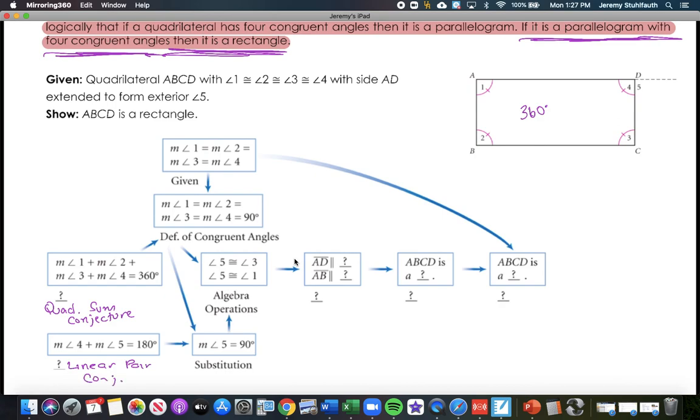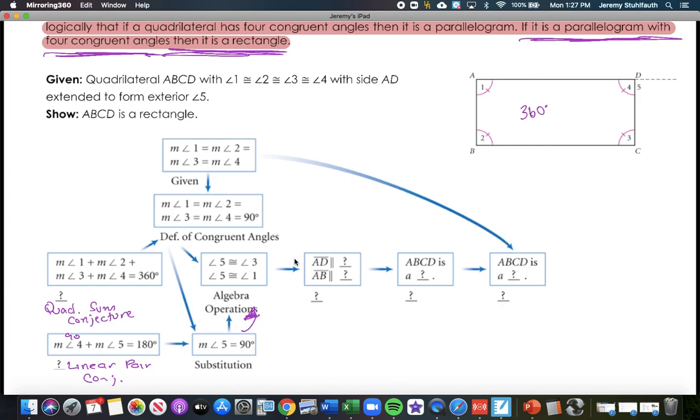Now, with this, we know that the measurement of angle 4 is equal to 90 degrees. So we have 90 plus angle 5 is equal to 180. That means that angle 5 has to be equal to 90 degrees. So we're able to substitute that in and say that angle 5 is congruent to angle 1.